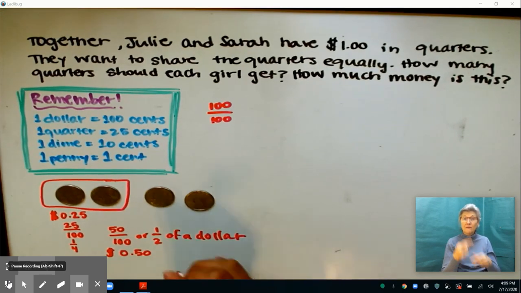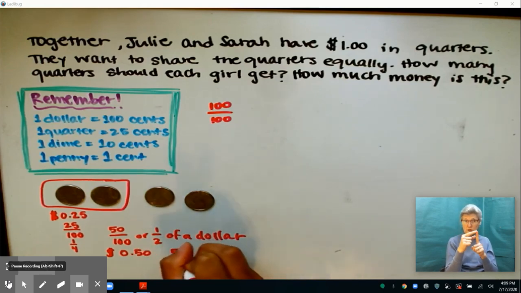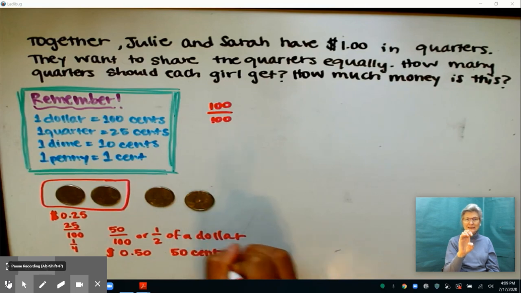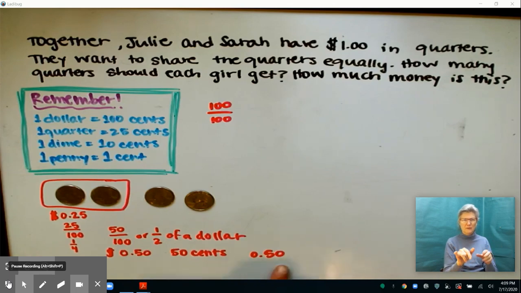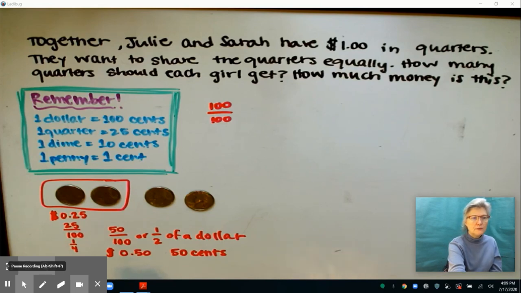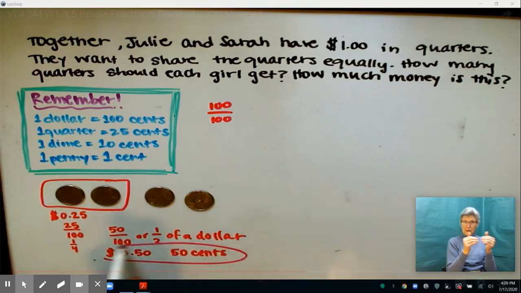If you were looking to write that with the actual word cents, we would just say 50 cents. We wouldn't need that decimal in there because that would be showing that it's part of a cent, but it's not. We have 50 cents, right? So we could write that in 2 different ways. So we know that if the girls were splitting these quarters equally, each girl should get 2 quarters and that total amount would be 50 cents.